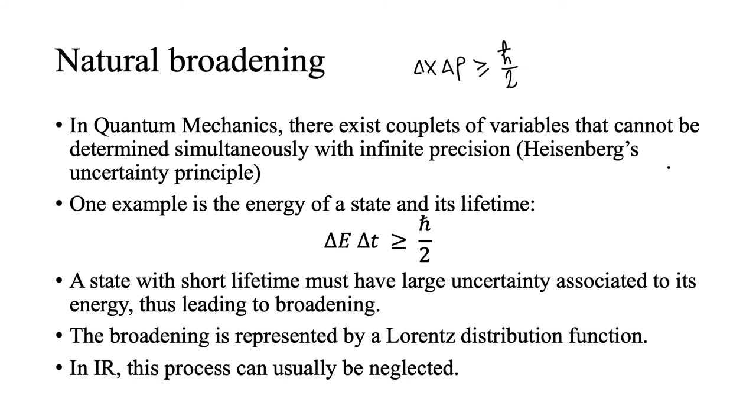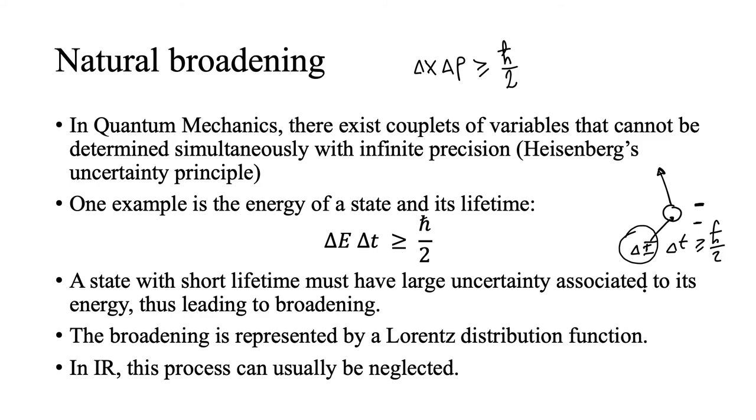So imagine this molecule, okay? This molecule absorbs a photon, and after a while it goes from a ground state to an excited state, and then after a while it emits the photon back. So there's a certain time where this molecule is excited, and this jump in energy multiplied by this time is always going to be greater than h-bar over 2, meaning that delta E is always going to be greater than 0.